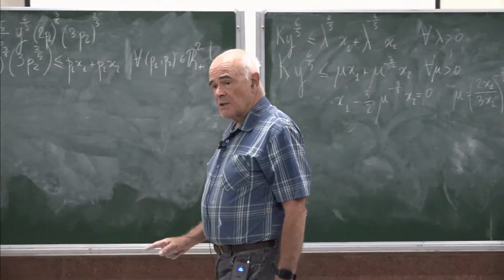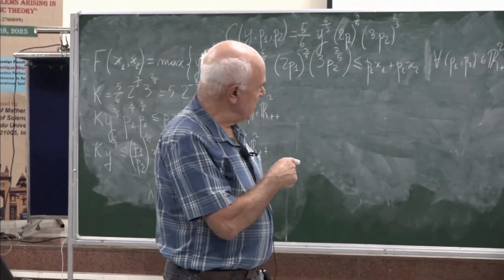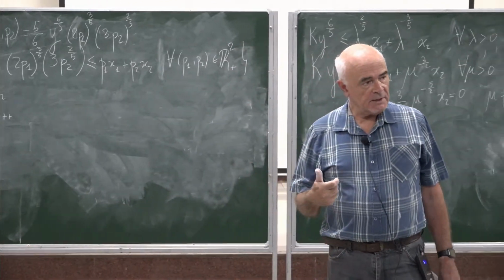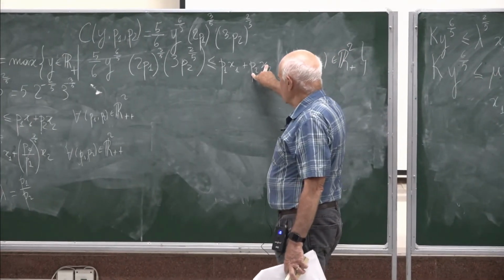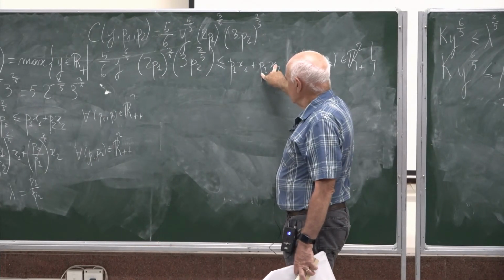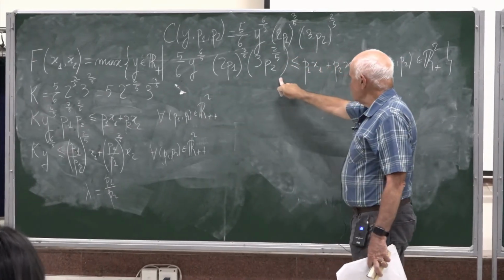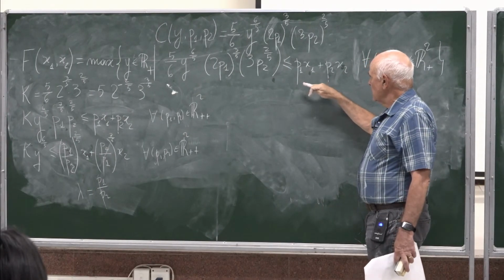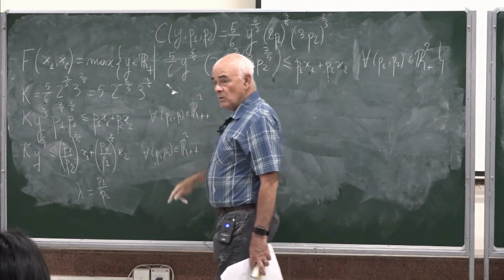But again we have to be careful because x1 and x2 are not negative, they may be 0, and I am dividing by x2. So I have to consider separately the case when x2 is 0. But if x2 is 0, then since everything here is positive, this simply implies that the maximum y is equal to 0.